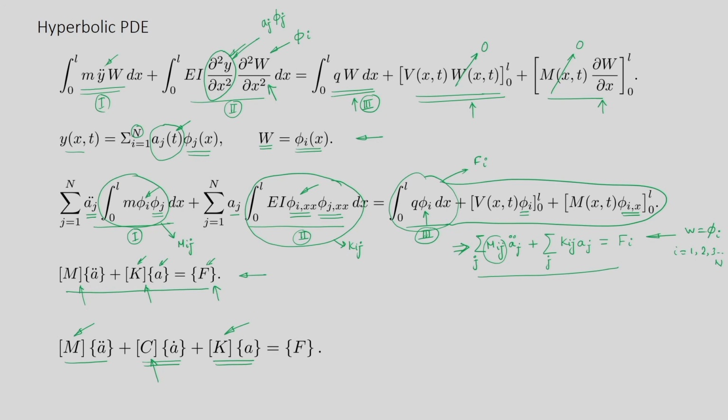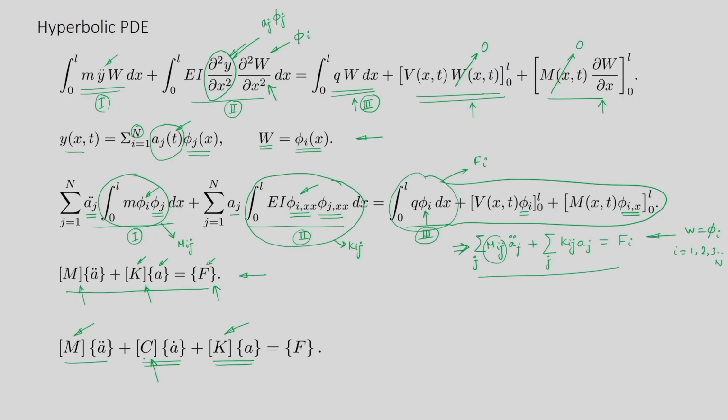So this C matrix you can actually obtain from some experimental response, or otherwise we represent C as a linear combination of M and K, in case of linear damping. So anyway, just to keep the generality, we will keep this term C times a dot, and we will try to formulate the final discrete form.